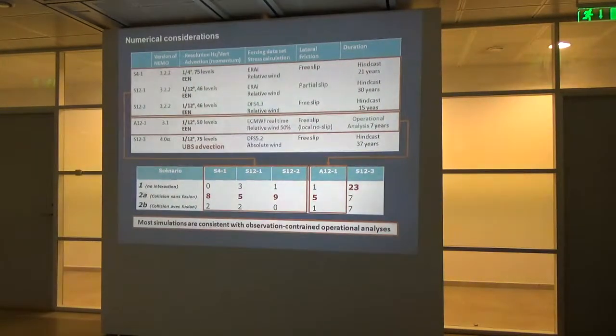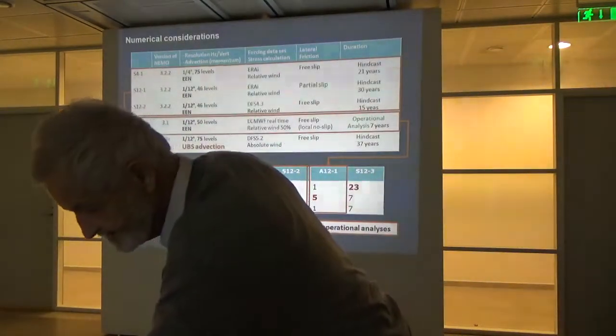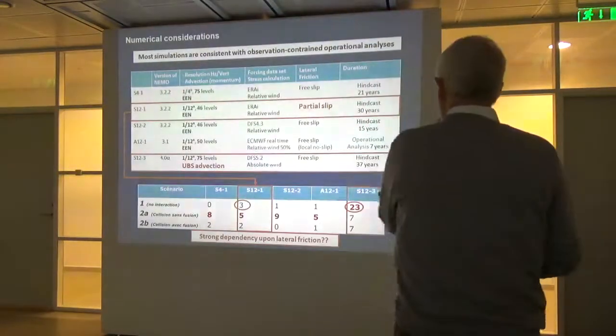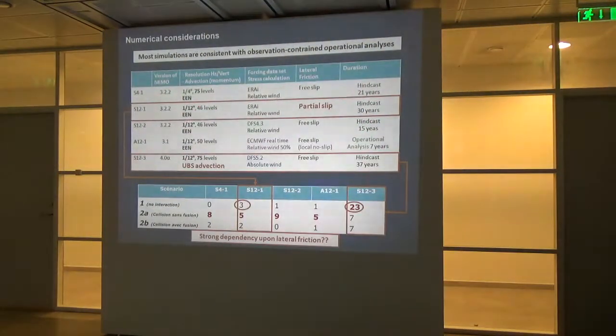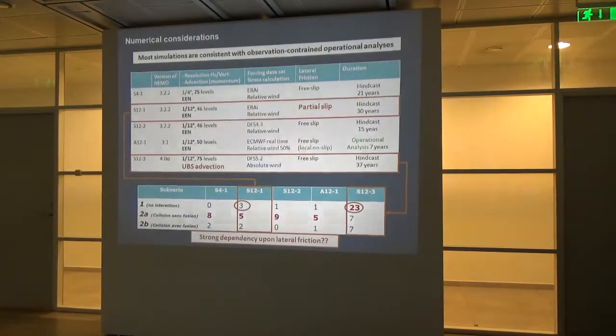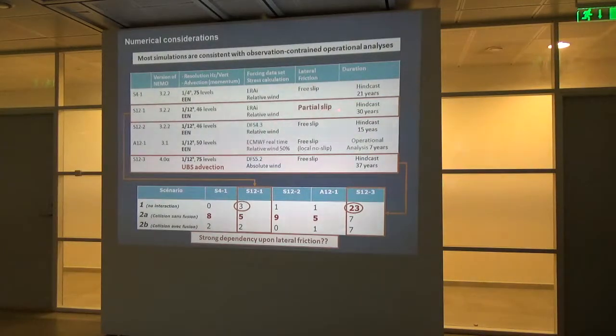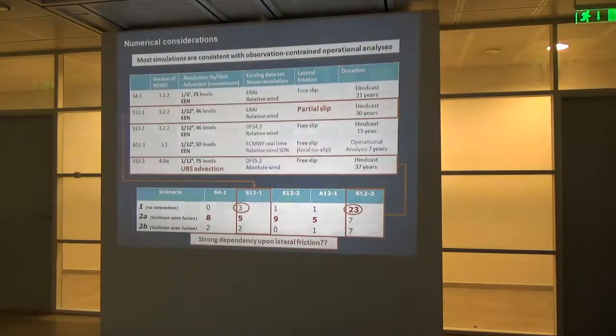So now let's get to the last ones. I'm looking at this one with a partial slip boundary condition, and at this one with a UBS advection, so a different advection scheme on momentum.